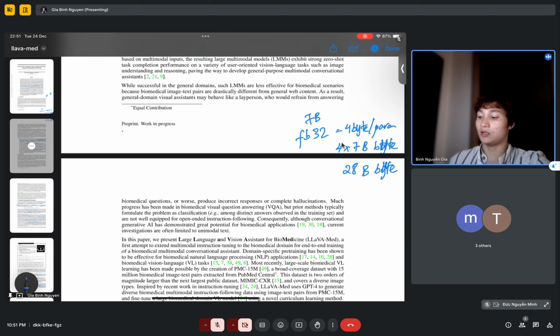So I think mostly it depends on the LLaVA model, but if we use 7B LLaMA as the language model of LLaVA, the total number of parameters of LLaVA is a little bit greater than 7 billion.